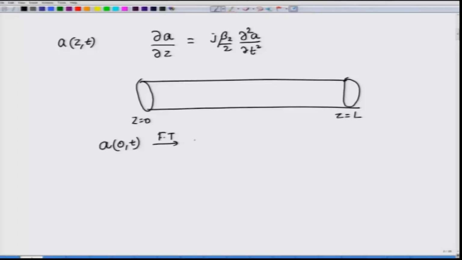So, you Fourier transform it to obtain A of 0, omega, and I hope that you remember that this omega that I have written is actually the frequency deviation, or in other words I am actually looking at the baseband evolution.